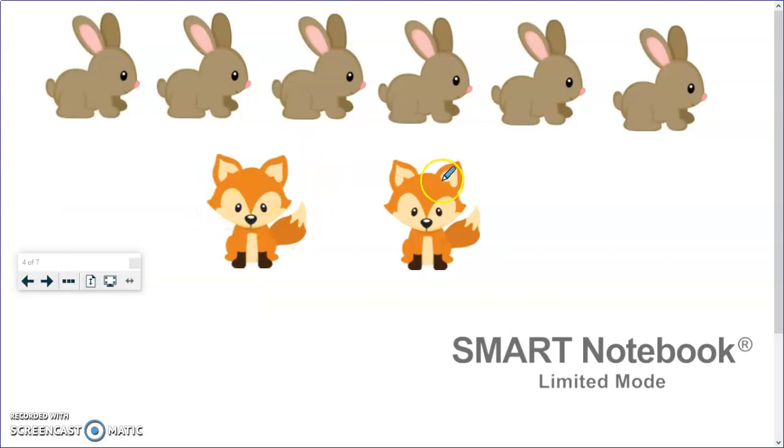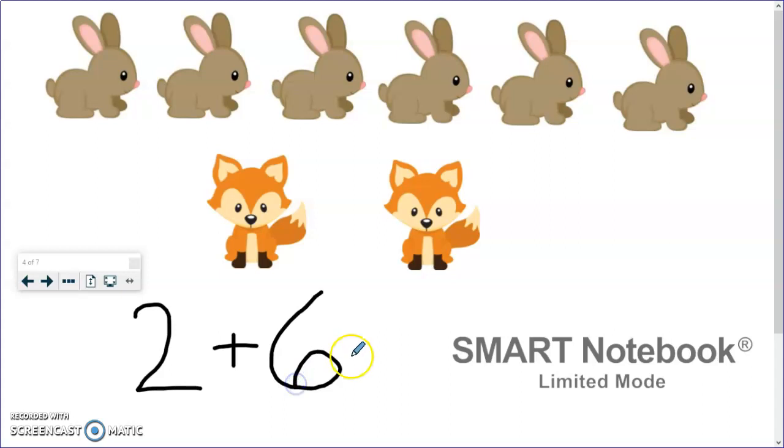I have 1, 2 foxes. 2 foxes. We're still doing addition, so we need that plus sign. Plus, how many bunnies? 1, 2, 3, 4, 5, 6 bunnies. And now we put our equal sign to say how many we have all together.